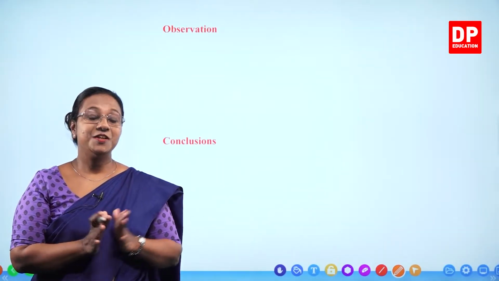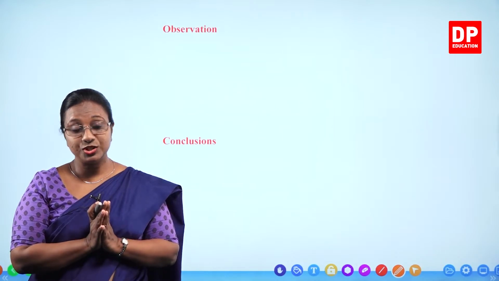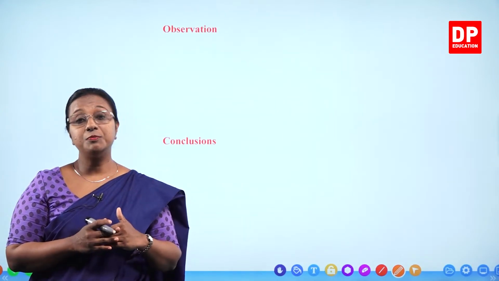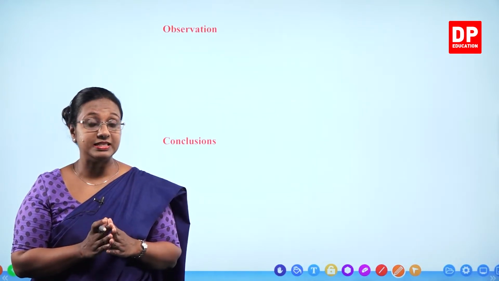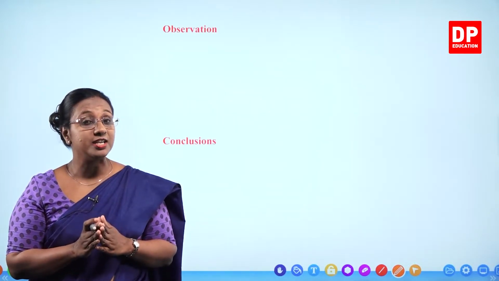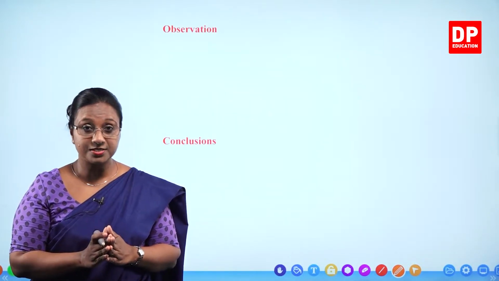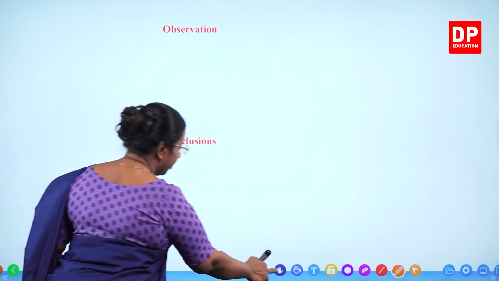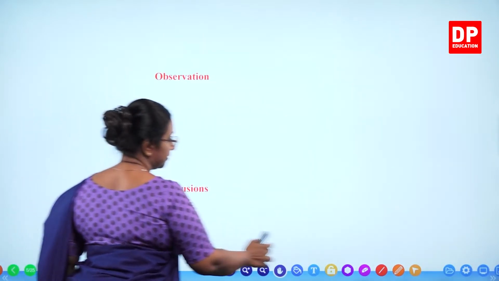Okay, students. So I showed you all what happens to the weight of the object when we apply a downward push, then an upward push, and also when we immerse it in water. So from that, I'm sure you would have understood the concept of upthrust. But I will write down the observations first.